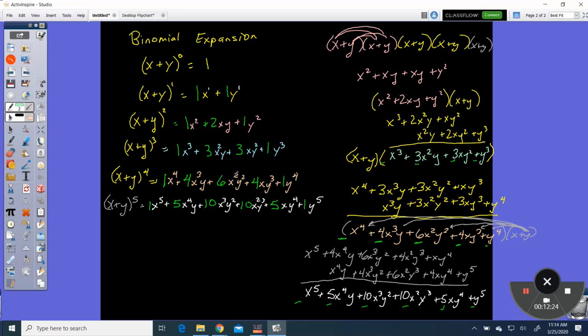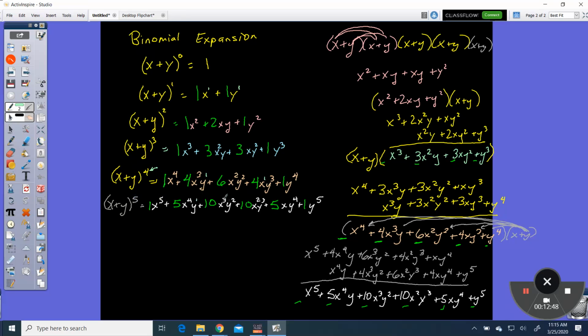Now if I look at the middle of this, 2 plus 2 is 4 on those powers. 3 plus 1 is 4. 1 plus 3 is 4. So every term on this expansion, if I add the powers together, will be the same as whatever it is I'm expanding. So that's 4 of these ones. Since that's a 5, these are all going to add up to be 5.